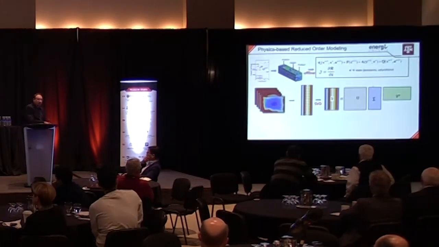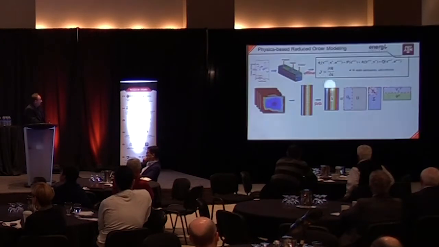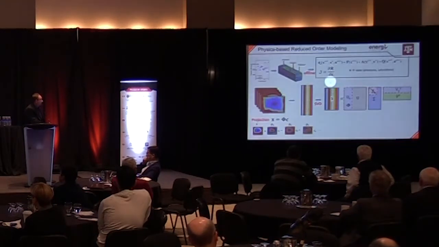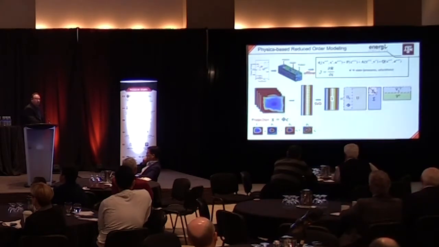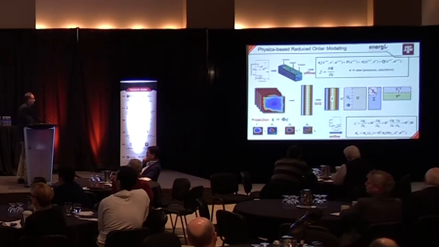And if you find a particular correlation in this data, you can look at how it looks and truncate that data in some fashion, and that creates a projection matrix right here, this left-hand side, so that you can write the solution pressure and saturations as a linear combination of those bases.